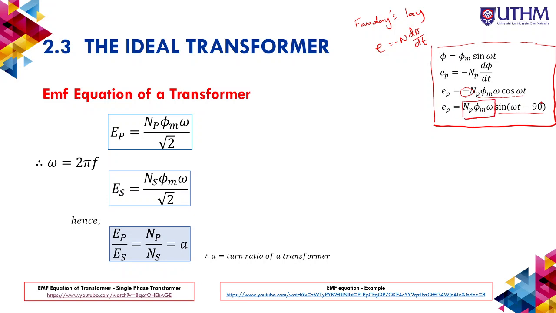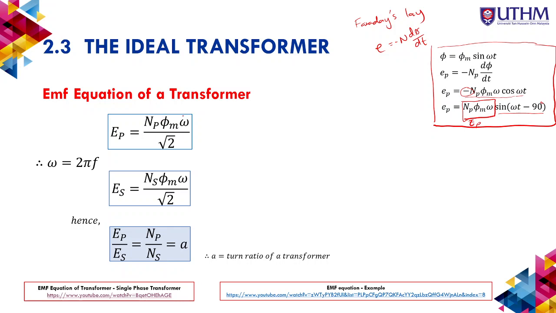We will use only the magnitude, because in the transformer there is no change in the phase or the angle. So we just take the magnitude. So this is the magnitude Ep.